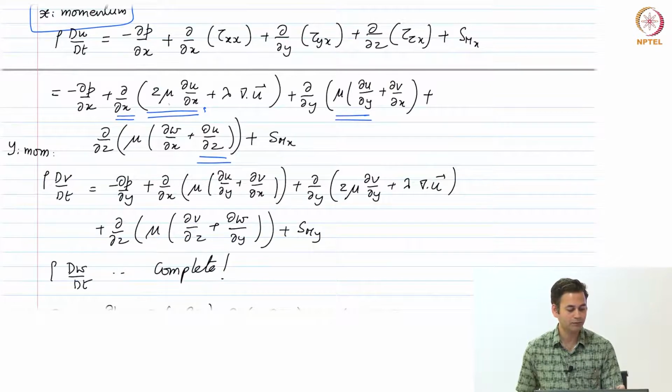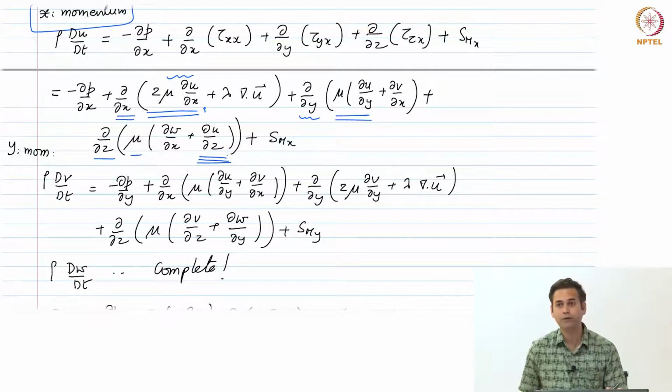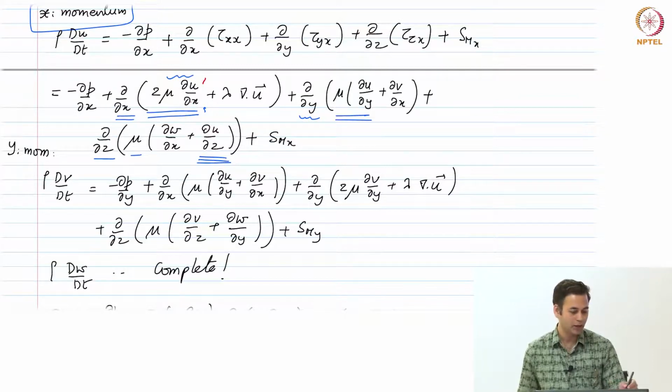So, we have ∂/∂x of μ ∂u/∂x, then ∂/∂y of μ ∂u/∂y, and then ∂/∂z of μ ∂u/∂z. These three terms I have written down together. Then what do we have? We have one more term remaining here, which is again μ ∂u/∂x operated by ∂/∂x, and then one term here, this is ∂/∂y of ∂v/∂x, then ∂/∂z of this term.